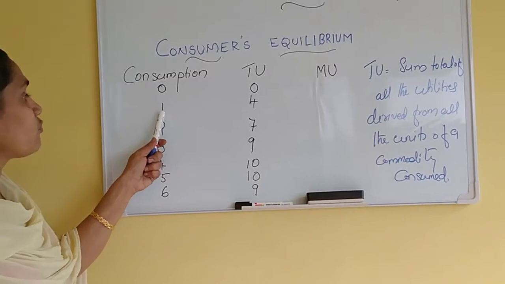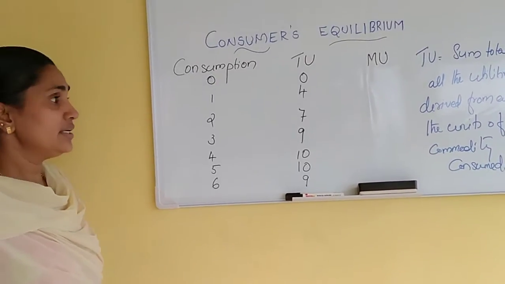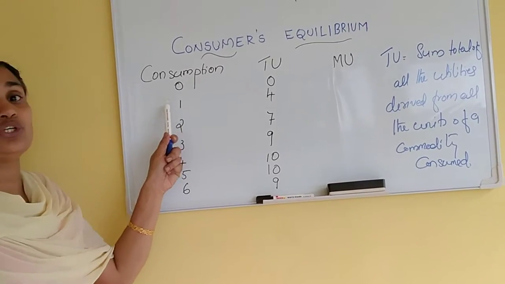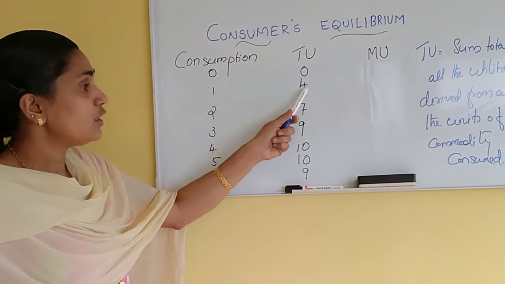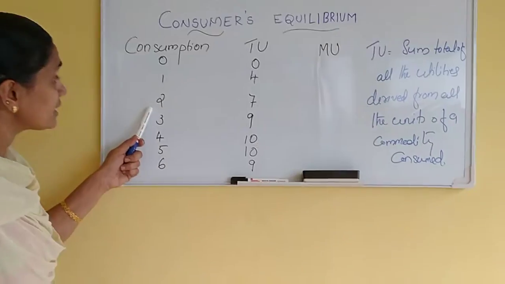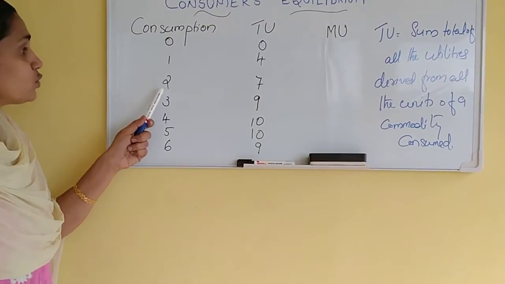Then we are consuming 1 unit of a particular commodity. The utility derived from that 1 unit is 4 units. Then what about increasing the unit, that is 1 to 2?